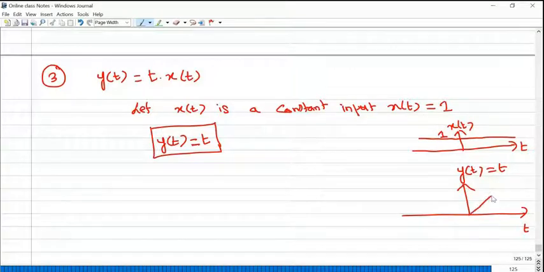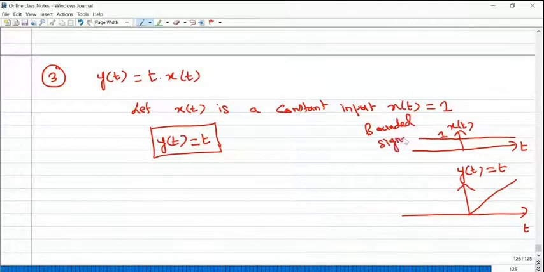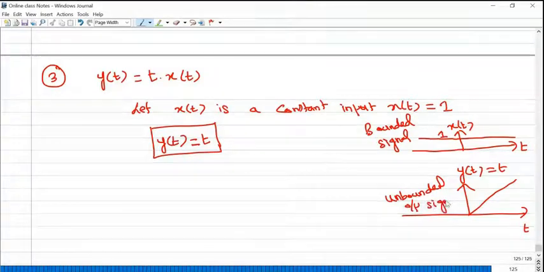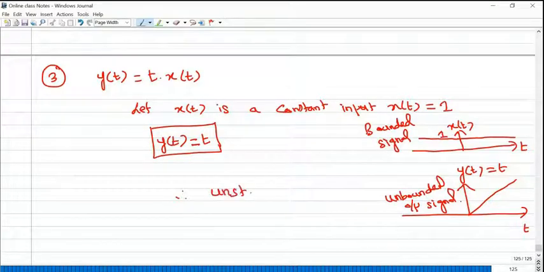So it will go like this. It is an unbounded signal. For a bounded input signal, the system gives an unbounded output signal. Therefore, the system is an unstable system.